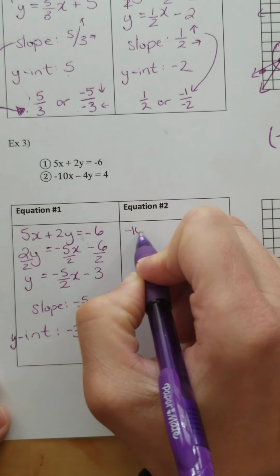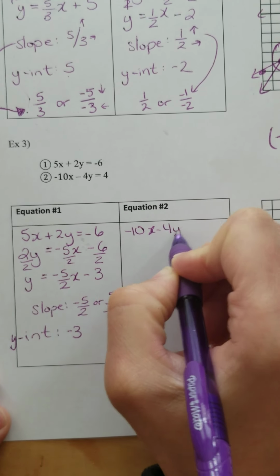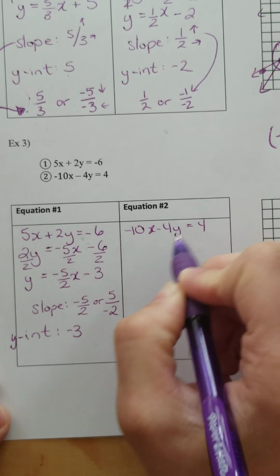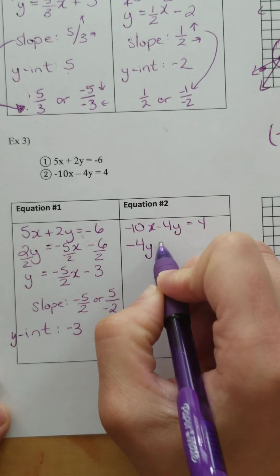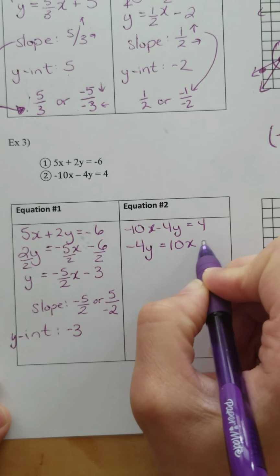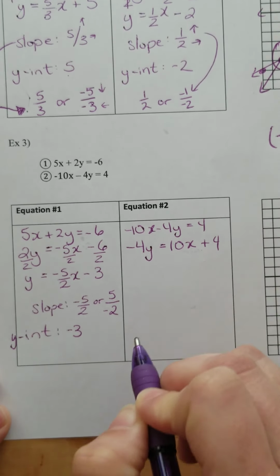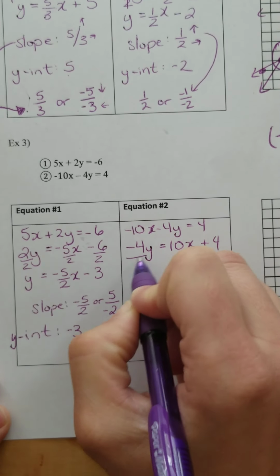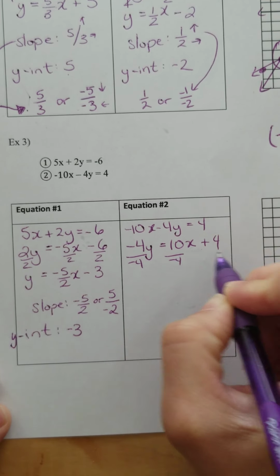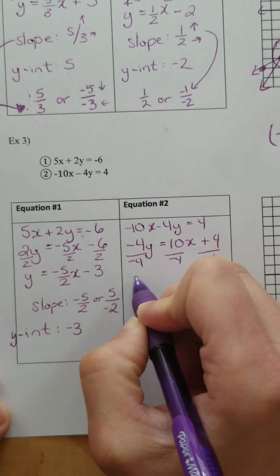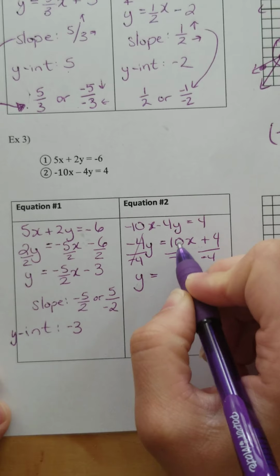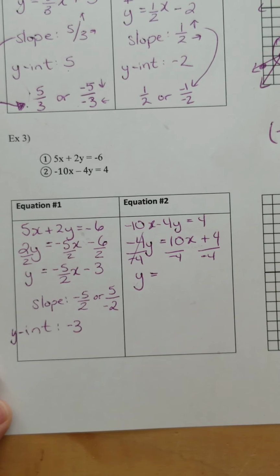We repeat with the next one. So I'm going to send over that -10x. It becomes positive 10x, and that positive 4 gets sent down a little bit. Divide off -4. So y is completely alone. Okay, 10 over 4, we have to reduce that.